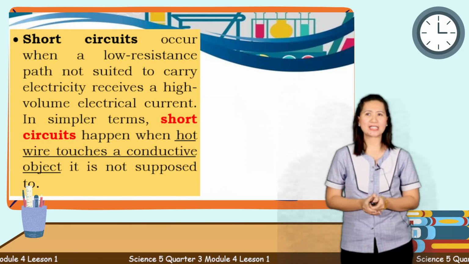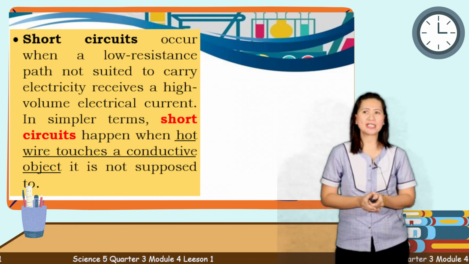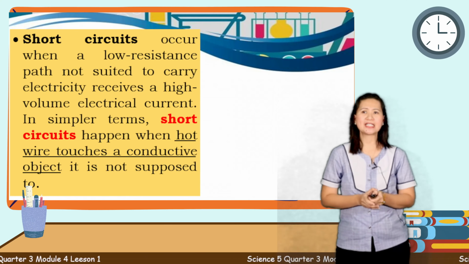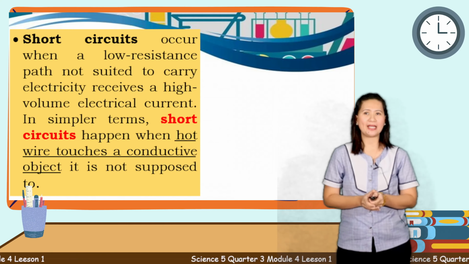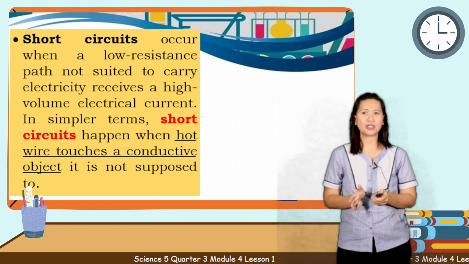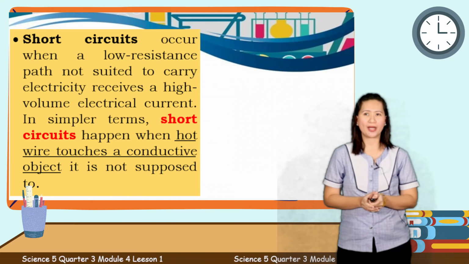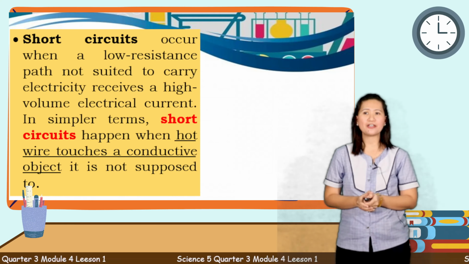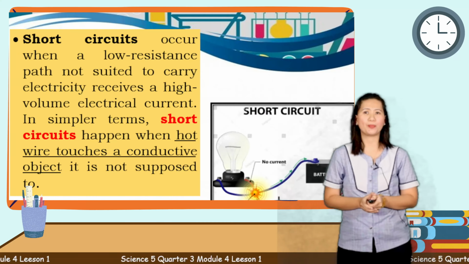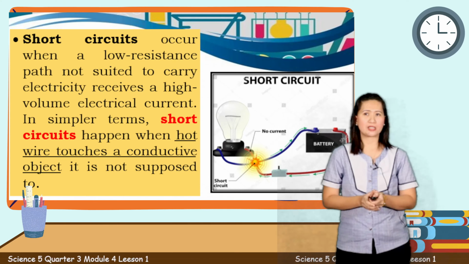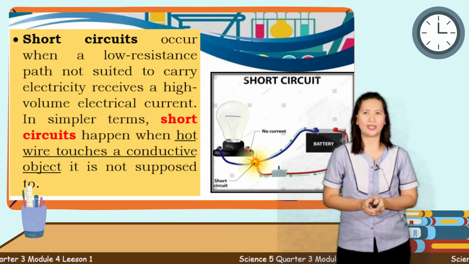Short circuits occur when a low resistance path not suited to carry electricity receives a high volume electrical current. In simpler terms, short circuits happen when a hot wire touches a conductive object it is not supposed to. So, look at the wire, it sparks. That is a short circuit.